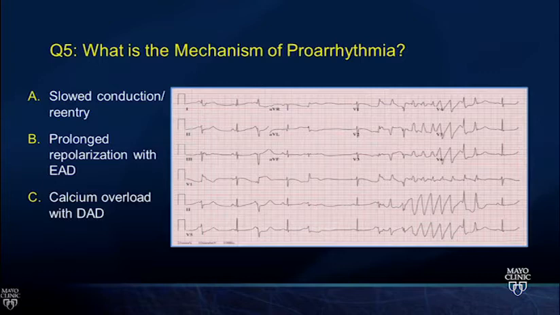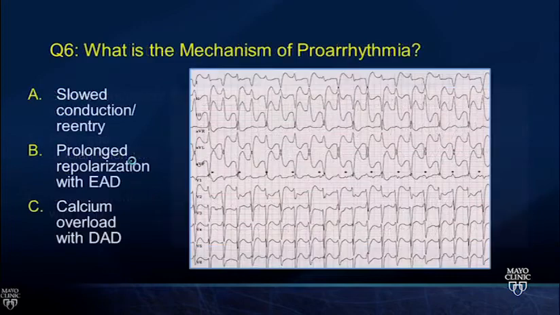It is not delayed, okay? And now you have another sinus beat with narrow QRS, PVC on the T wave, which is an EAD. If you have a long enough pause, that bradycardia causes more QT prolongation, and if you have multiple EADs, you have torsades. So the correct answer is prolonged repolarization with EAD.